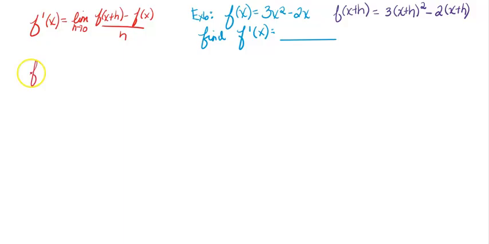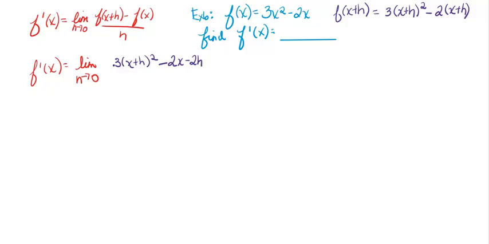So my derivative of f of x is the limit as h approaches 0 of f of x plus h, which is 3 times x plus h squared minus, I'm going to distribute my 2, so it's minus 2x minus 2h.